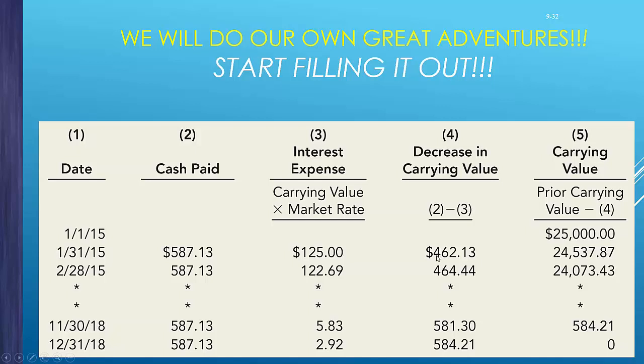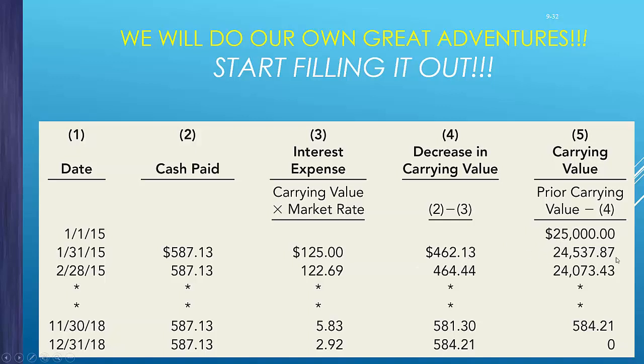So the decrease in the carrying value, meaning how much of my $587.13, which was my monthly payment, is being applied to interest, and how much of that is being applied to the principal. So the $462.13, which is applied towards the principal, gets taken out from the carrying value. 25,000 minus 462.13 is this amount right here.